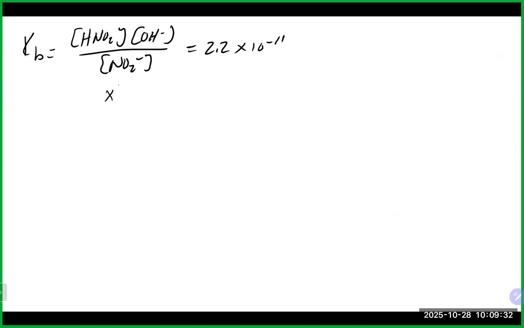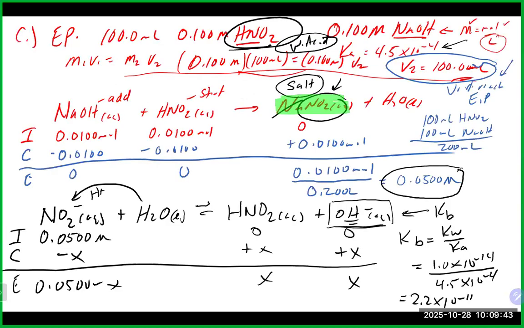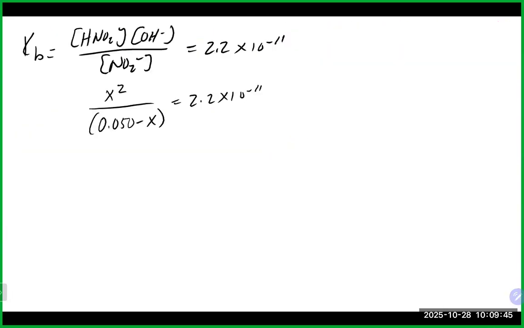Popping our values in there gets us x squared over 0.05 minus x equals 2.2 times 10 to the minus 11 in this case. And obviously that is a small value of K, so we could do our assumption here and assume x is equal to 0, and that would then reduce this down to x squared divided by 0.05 equals 2.2 times 10 to the minus 11.